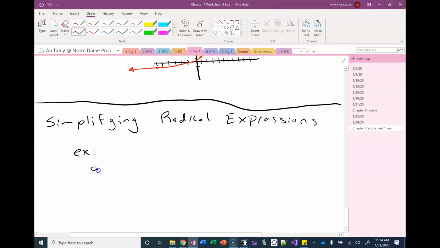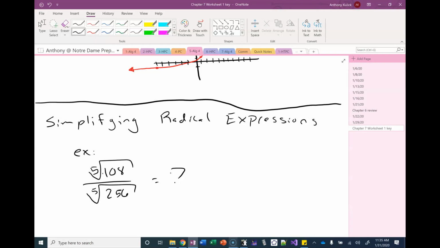So, for example, we want to deal with how to do something like this and get an exact answer. So that's what we're going to be worried about trying to do today, is figure out ways to simplify expressions that have radicals in them. This is something we'd want to be able to do come the end of the day.